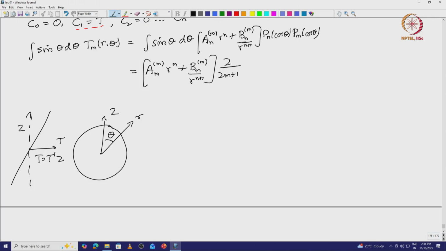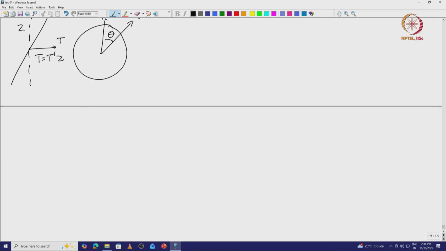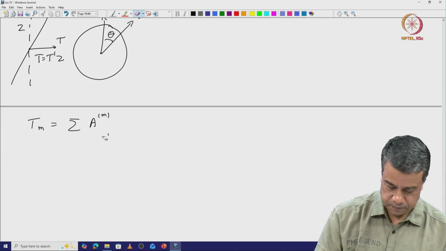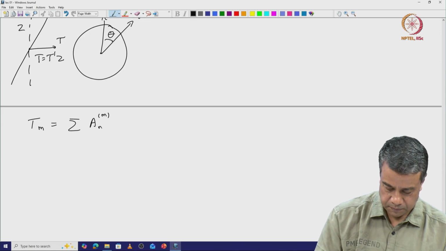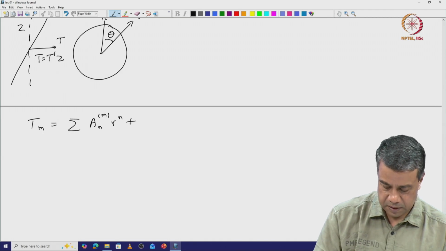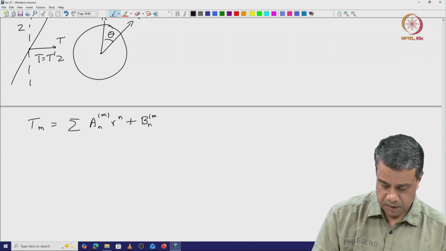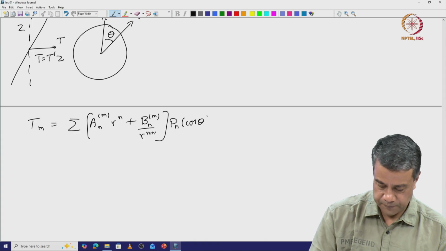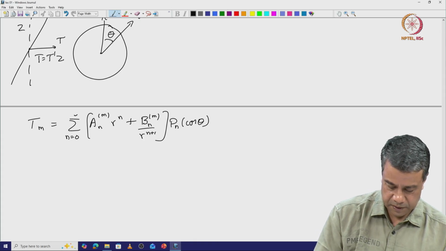Okay. And if you recall, we had got the solutions for the temperature field as in the matrix, temperature is equal to A n matrix r power n plus B n matrix by r power n plus 1, P n of cos theta, n is equal to 0 to infinity.